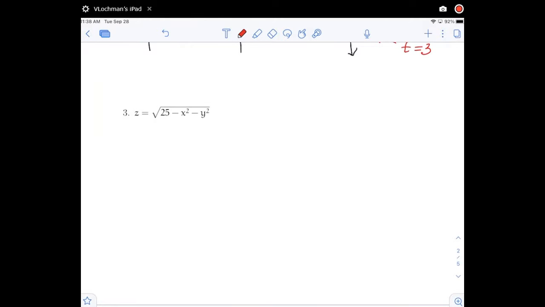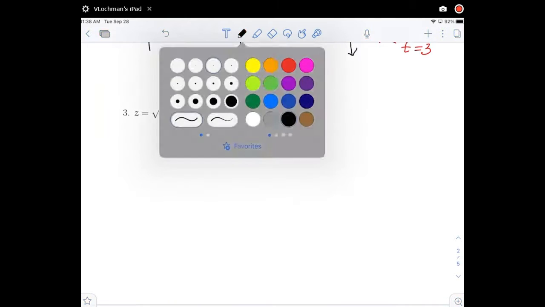Okay. Let's take a look at this problem here. z is equal to square root of 25 minus x squared minus y squared. Okay. Now let's see. What do we need to do here? First thing first, let's go ahead and discuss the domain real quick.